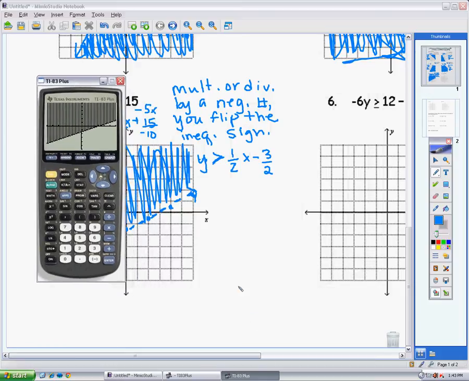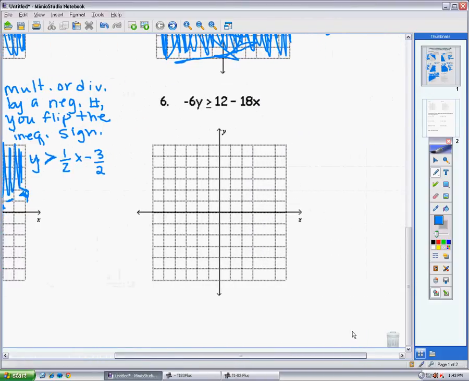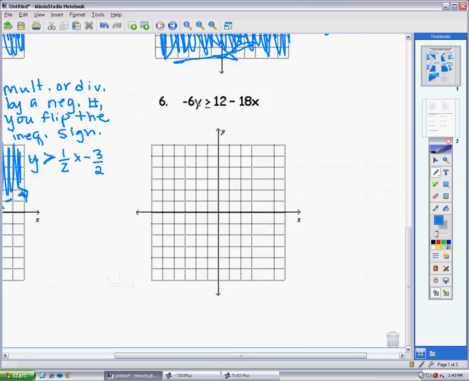Number 6. This is not in standard form, but it's not in slope-intercept form yet either because of that -6. So really the only step I need to perform here is to get y by itself by dividing by -6. So I'm going to divide everything by -6. And again, I'm dividing by a negative number.